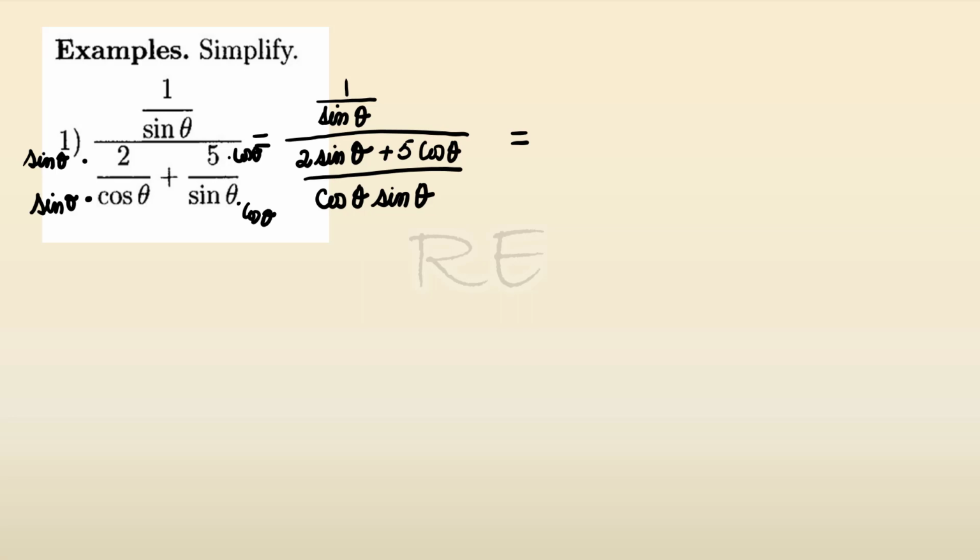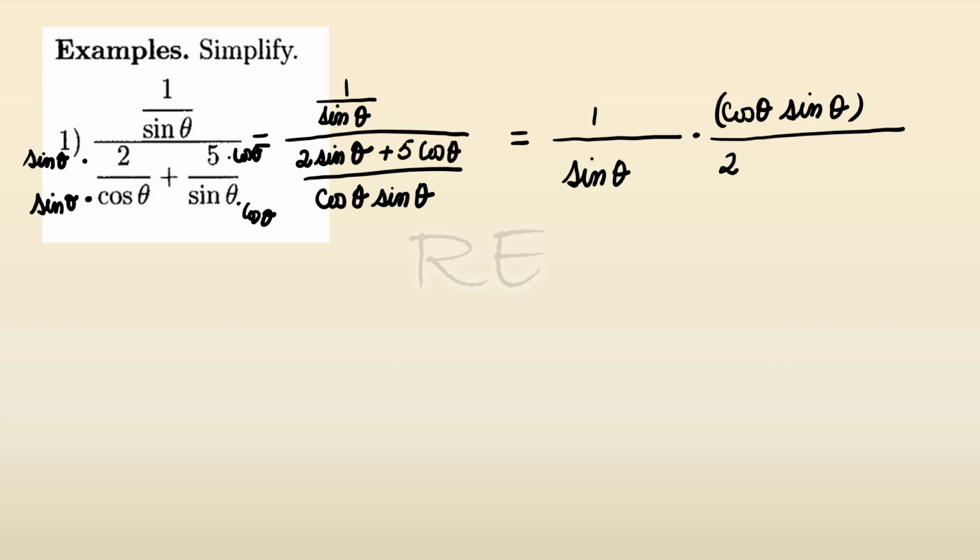Now, division is multiplication by the reciprocal. We keep the numerator 1 over sine theta, and since we're dividing, we're going to multiply by the reciprocal of the denominator. We flip the denominator. Cosine theta sine theta divided by 2 sine theta plus 5 cosine theta.